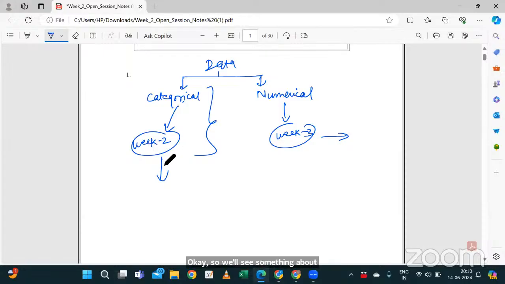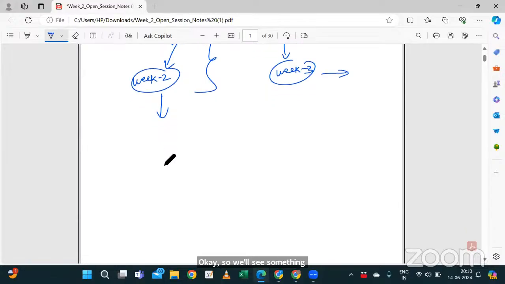The very first thing coming in the picture is called frequency distribution. What is the frequency distribution? As the name suggests, it's the frequency distribution of any categorical data.